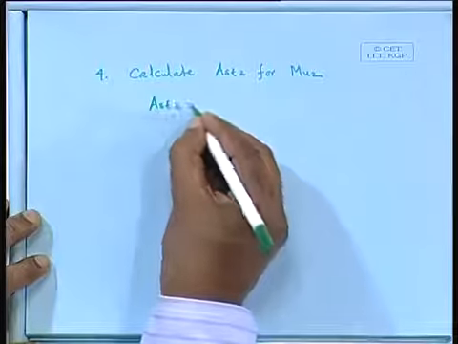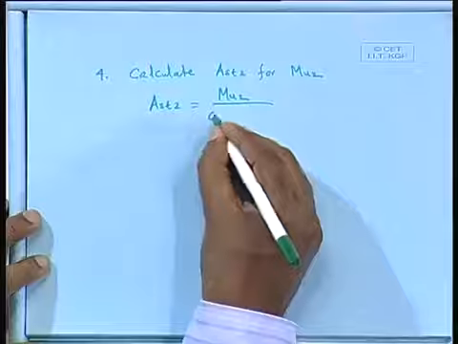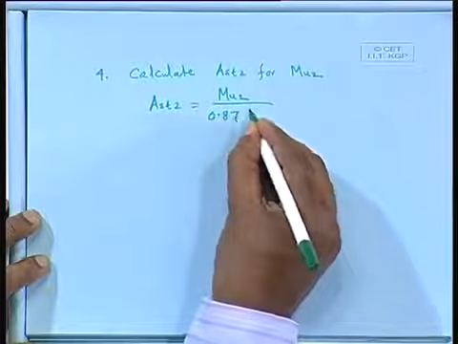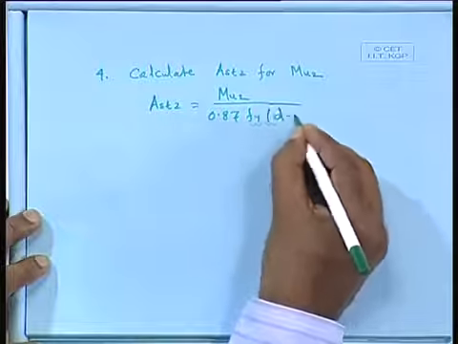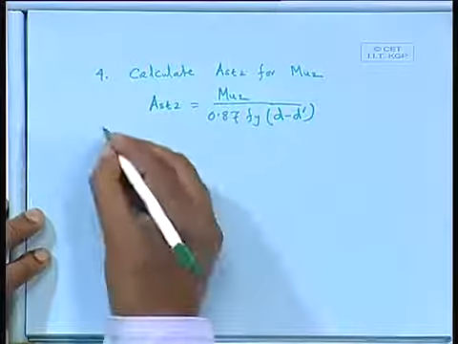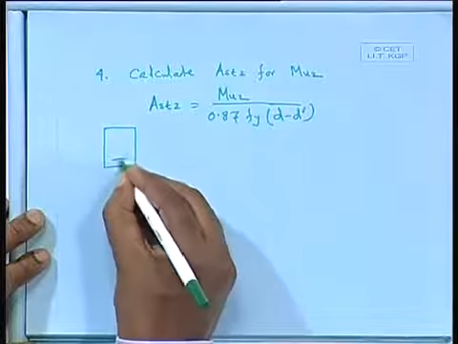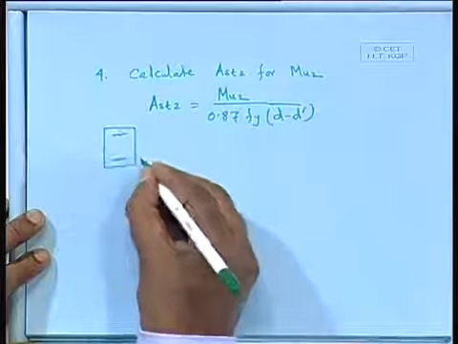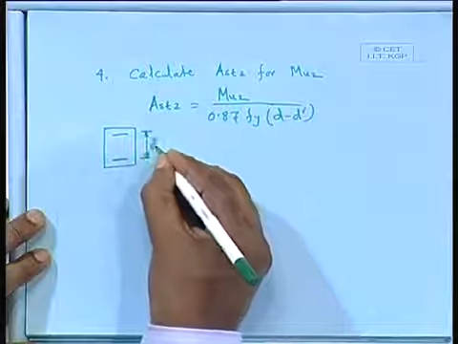Ast2 equal to Mu2 divided by 0.87 fy and the lever arm d minus d dash. For your reference, again we are taking the section and d minus d dash.